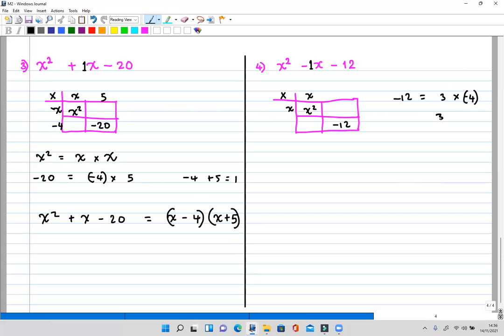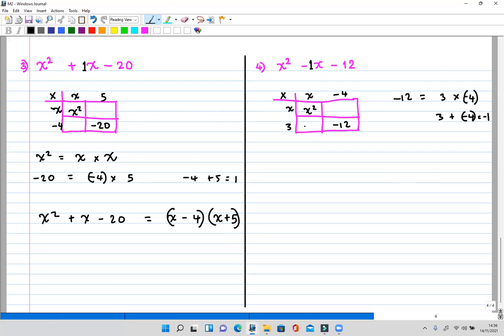And when we get 3 plus negative 4, we are going to get negative 1. You see? So this means that we have 3 and negative 4.